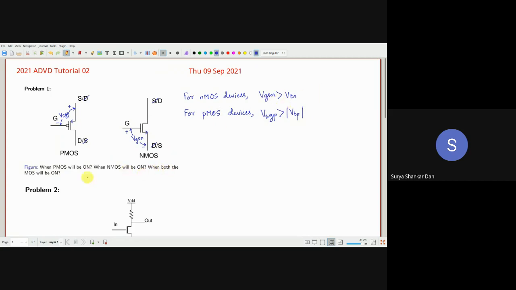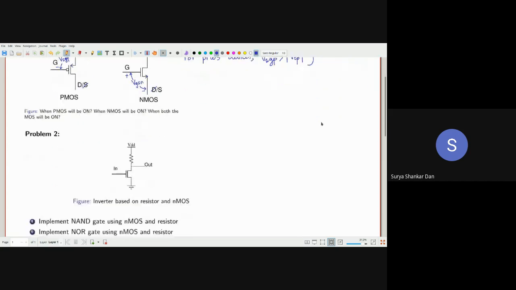So when will both the MOSFETs be on? If you want to combine this, we will simply put VGS, irrespective of N and P, should be greater than the mod of VT. We are always speaking about the positive values. So that's all for the first problem.